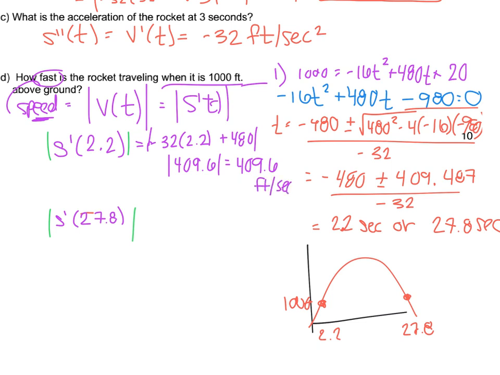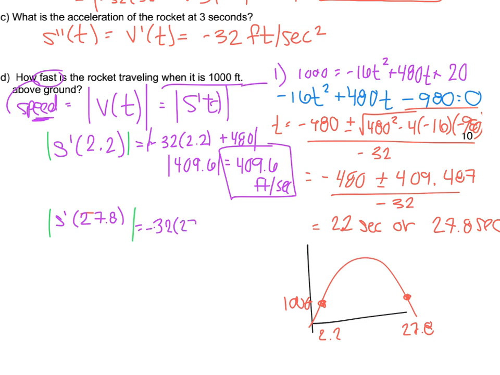So that is the speed when the rocket is 1,000 feet in the air, at least the first time it was 1,000 feet in the air. Then the second time it was 1,000 feet in the air was on its way down at 27.8 seconds.